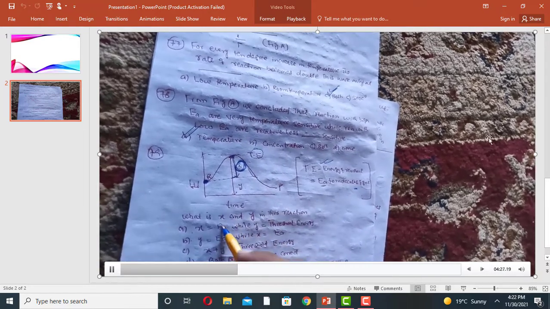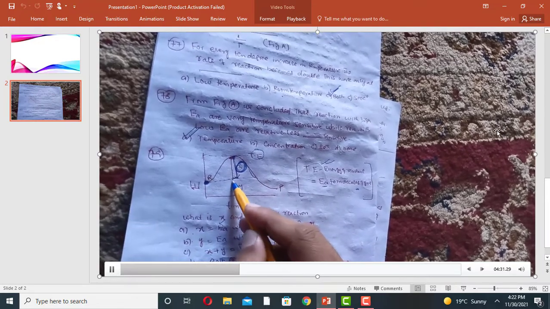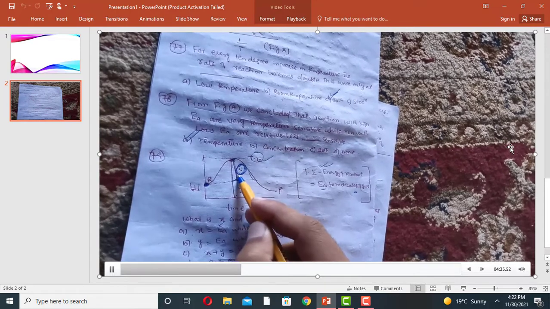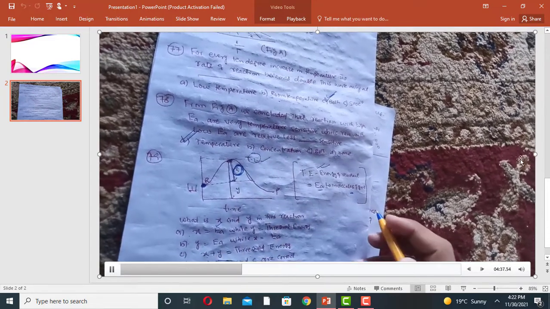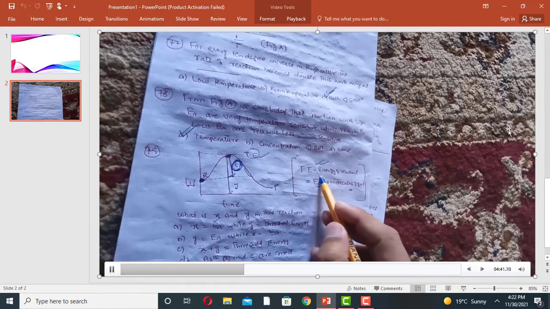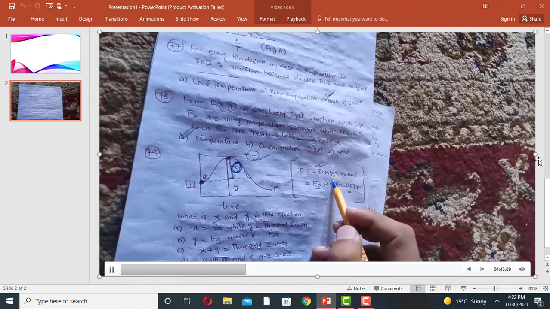So X is the activation energy while Y is the threshold energy.